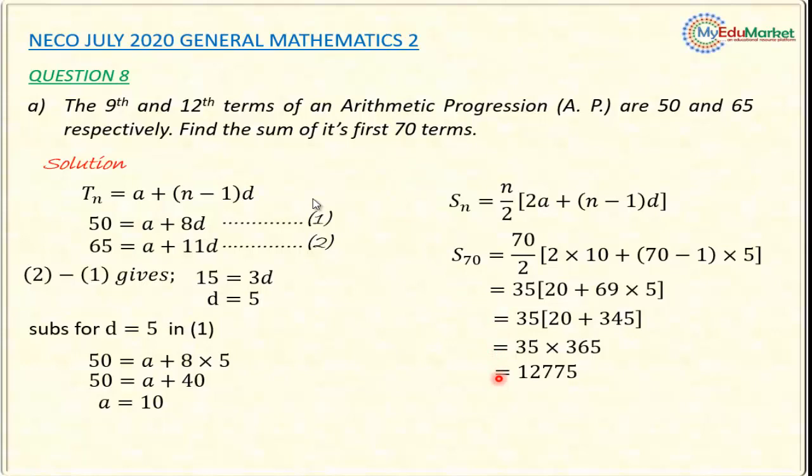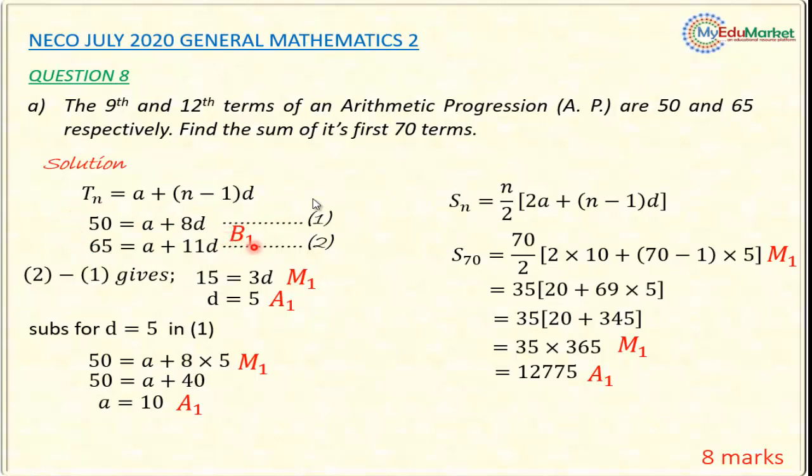Let me show you the mark distribution for this very question according to the NECO marking scheme. The very first mark is the bonus 1 mark, and this bonus mark is for getting either equation 1 or equation 2 correctly, that is substituting in the Tn formula for term number 9 or term number 12, whichever happens to be correct.